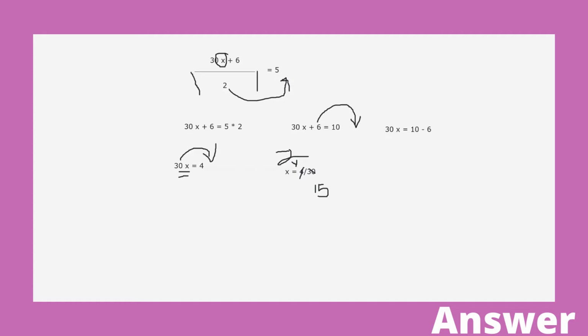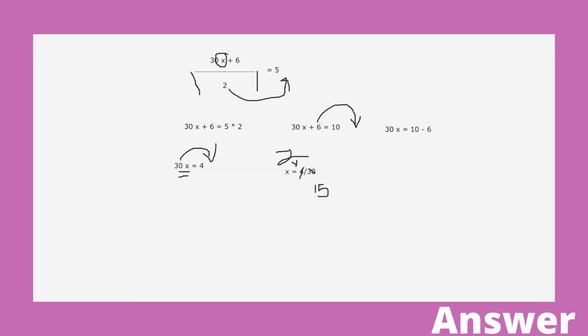So you have x is equal to 2 divided by 15. Now, some persons can go a step further and divide this and turn it into a decimal, but 2/15 is fine. You can leave it as a fraction, right?